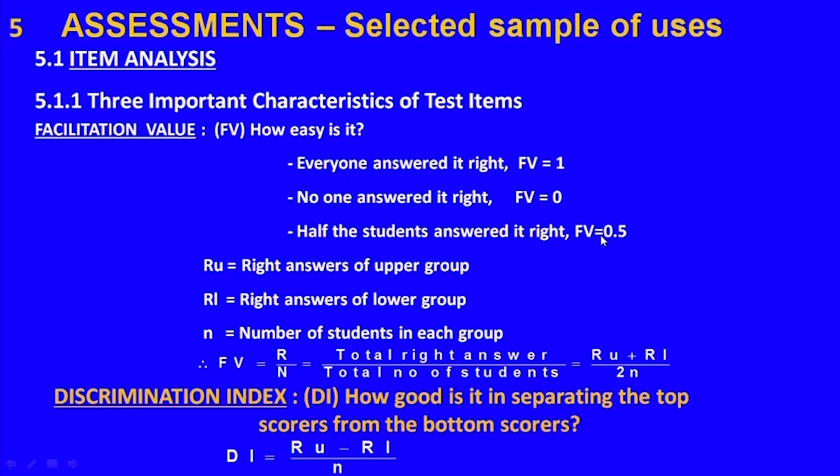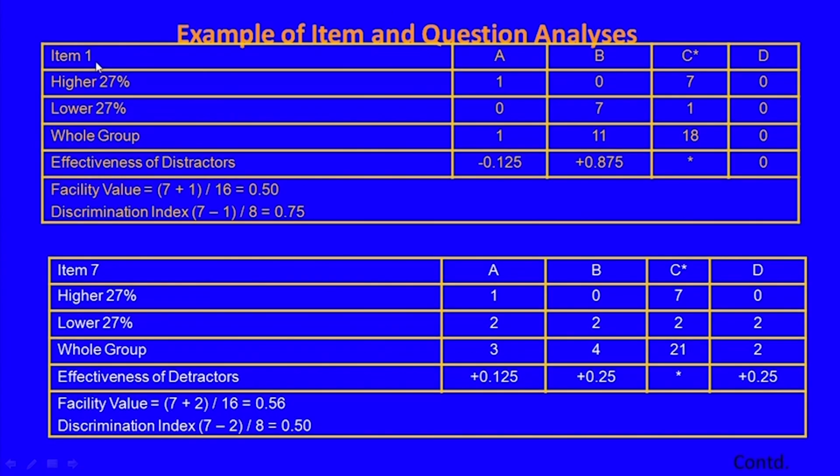We can go back and calculate the FV. Let's look at item number 1. There were 4 alternatives, A, B, C and D. C, with the asterisk mark, is the correct answer.